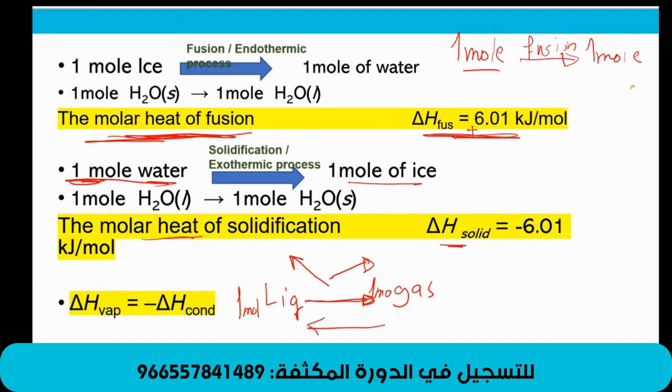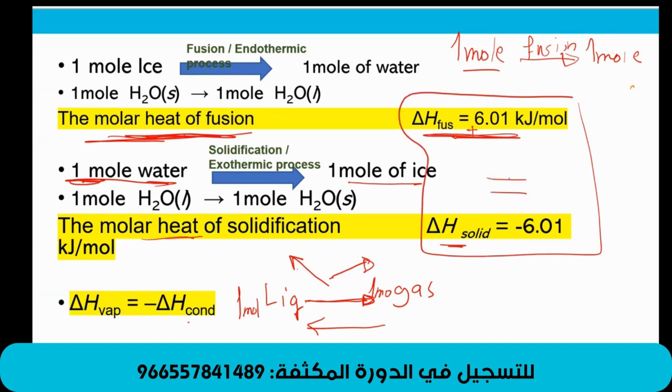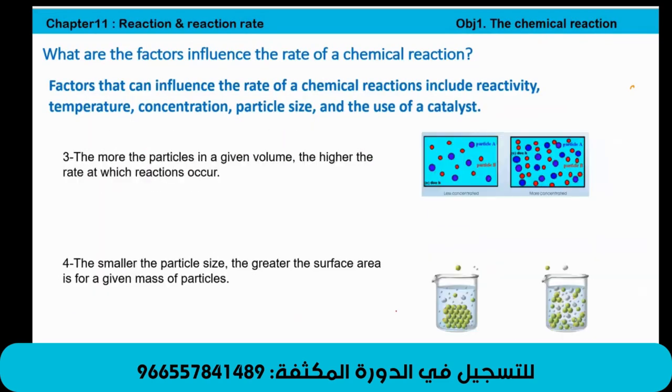If you want to do the opposite, it will be the molar heat of condensation. By the way, the molar heat of vaporization and molar heat of condensation are exactly the same. That's why I added the numbers, not to memorize them, but I want you to see that they are equal to each other.